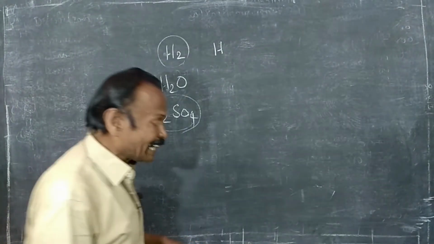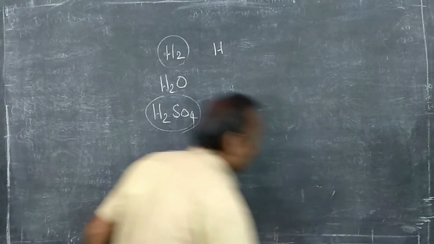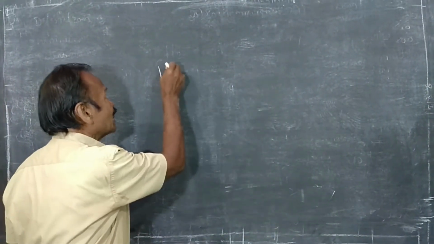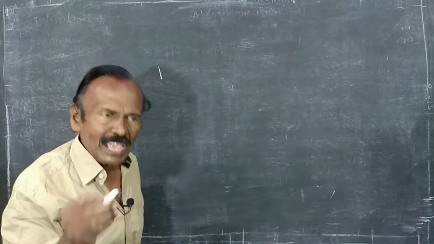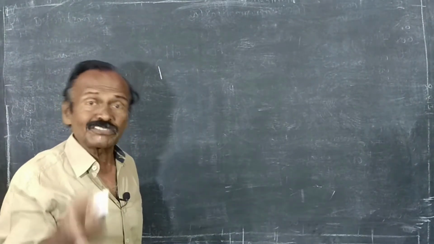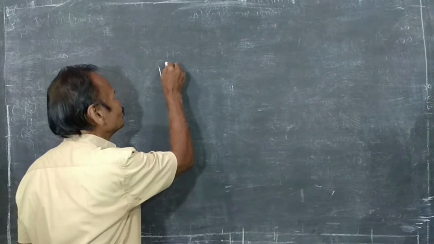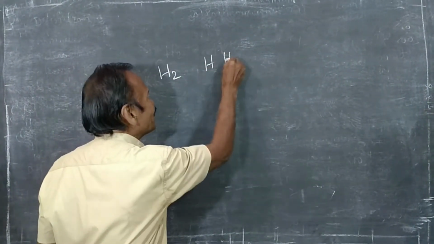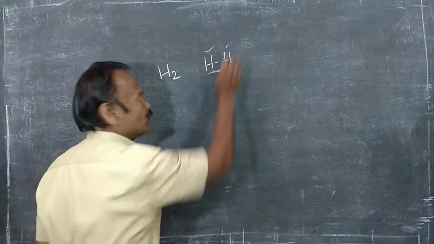Then how do you classify molecule? Classification of molecule. If a molecule contains the atoms of same element, so this is hydrogen. It contains two hydrogen atoms of same element.